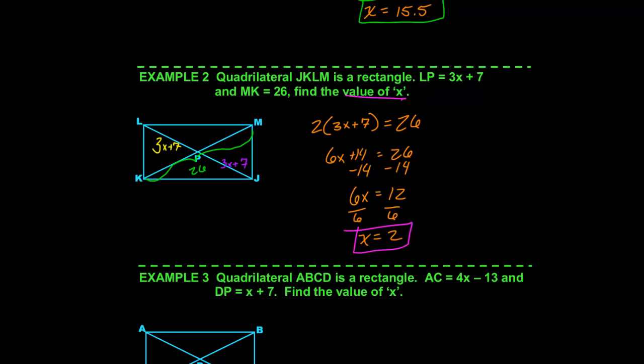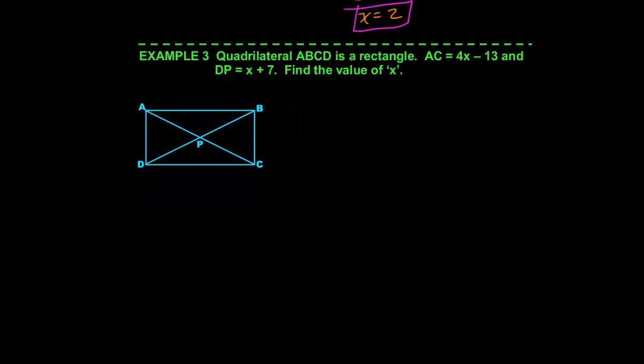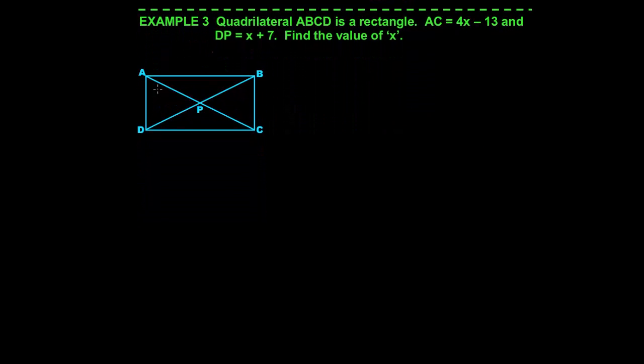If it just says quadrilateral or parallelogram, that tells us nothing about the diagonals. We don't know that they're equal. What we do know is that AP equals PC and DP equals PB, but we don't know that AC is equal to DB unless it's specifically stated.